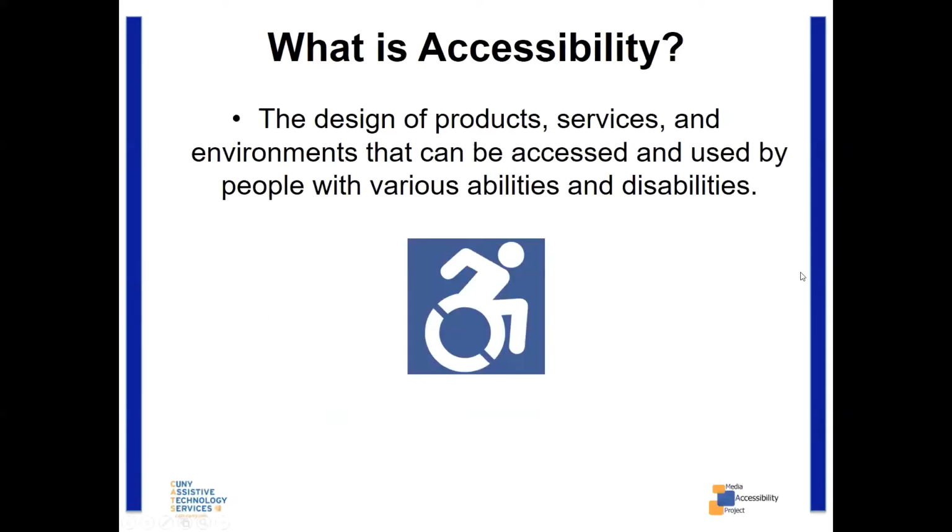So jumping right in, I'm first going to talk about what exactly accessibility is and why it's important for digital content to be accessible to students. Accessibility as a definition is the design of products, services, and environments that can be accessed and used by people with various abilities and disabilities.